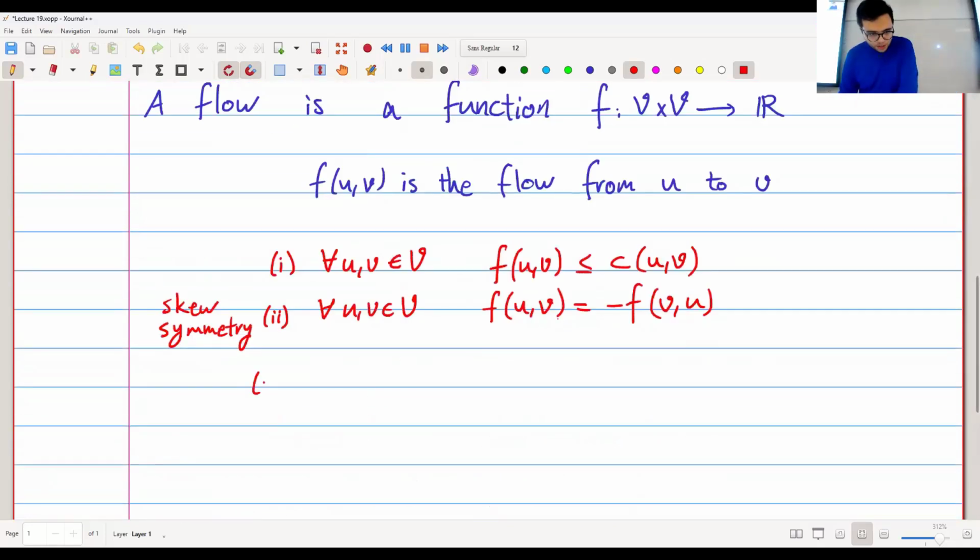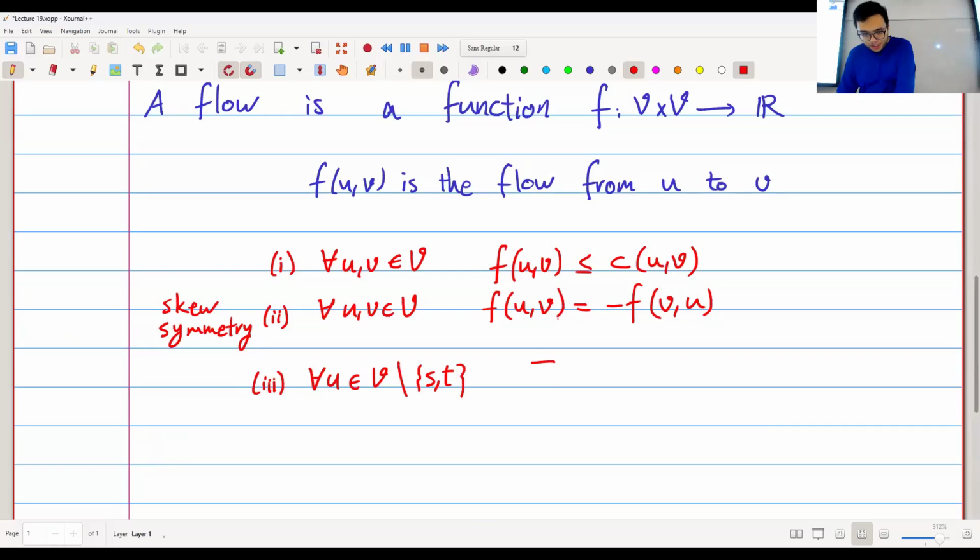This is called the preservation of flow. I can say for every vertex u in the set of vertices, but not my source or sink, I want the flow coming into u to be the same as the flow going out of u.